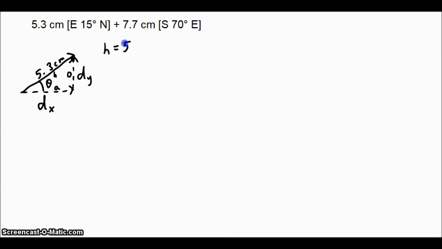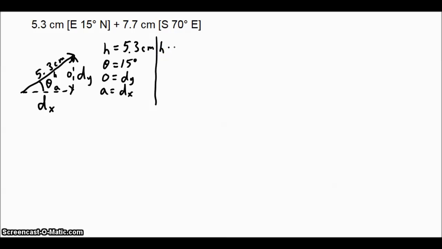Our hypotenuse is 5.3 centimeters. Theta, our angle, is 15 degrees. The opposite side is our dy, and the adjacent side is our dx.